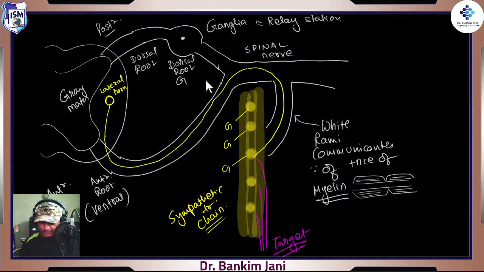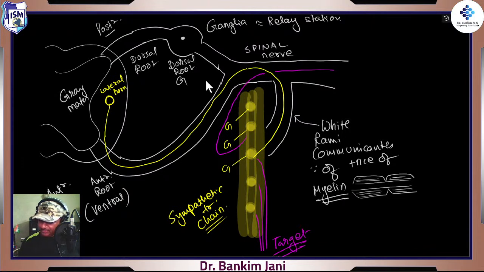Postganglionic fibers, they would say, okay, no, that spinal nerve is good, we would like to go with her only. So those postganglionic fibers change their mind and they again enter into the spinal nerve, and they say, okay, yes, we'll follow the spinal nerve.